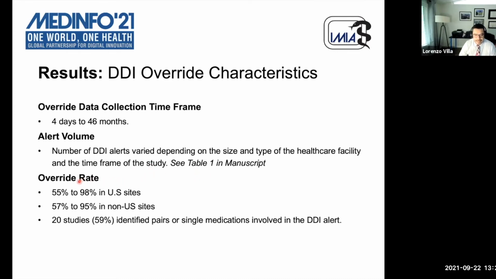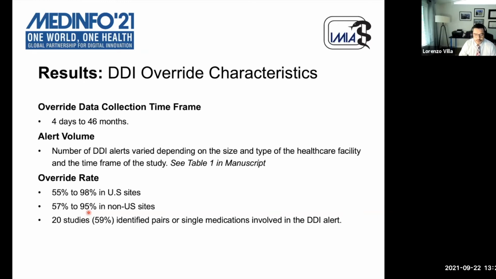But here's an important portion. The override rate is really high, either in the US sites or in non-US sites. It ranges from 55 to 98%, which is a really, really high override rate.